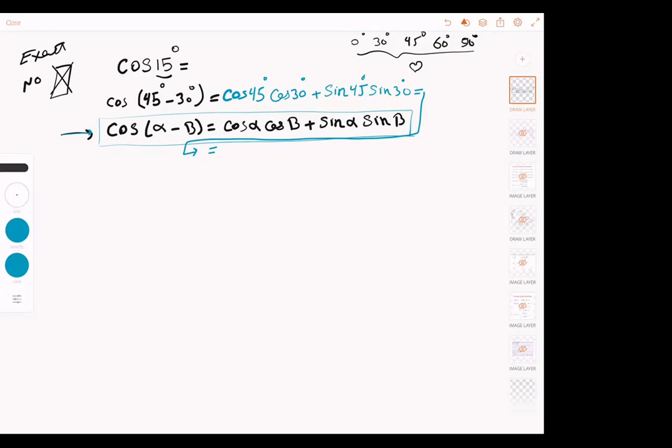So we got cosine of 45, radical 2 over 2. Cosine of 30 is radical 3 over 2. Plus sine of 45 is radical 2 over 2. And sine of 30 is 1/2. This part of algebra, I know you guys kind of freak out, not to make any mistake.